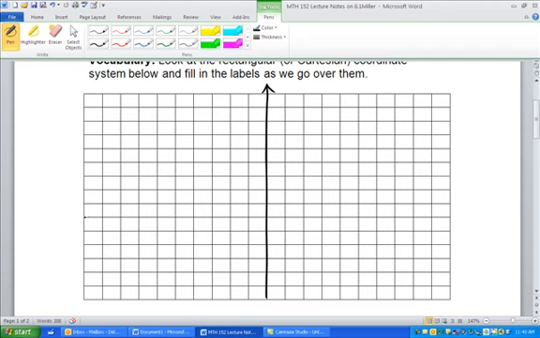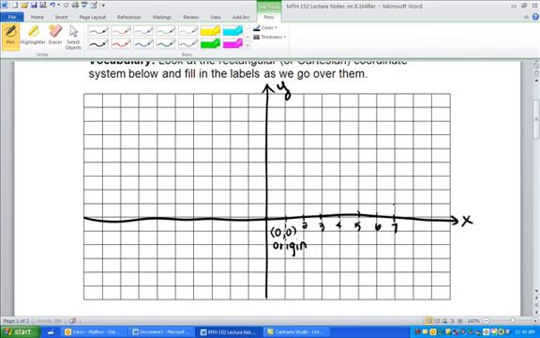Okay, so we have an x-axis, which is horizontal, and a y-axis, which is vertical. And these two axes are perpendicular, and they meet at a point that's called the origin. It has coordinates 0, 0. From the origin, we count 1, 2, 3, 4, 5, 6, 7, and so forth.